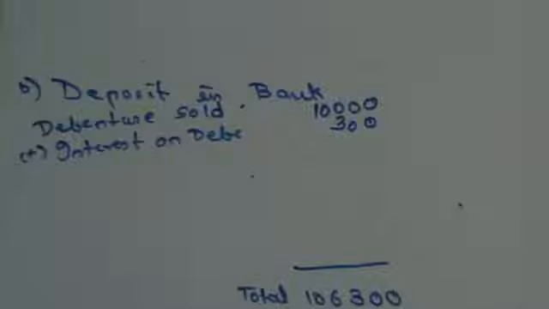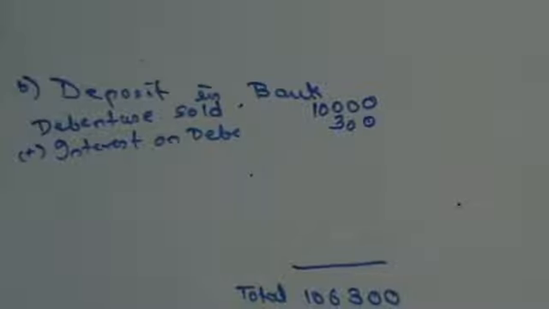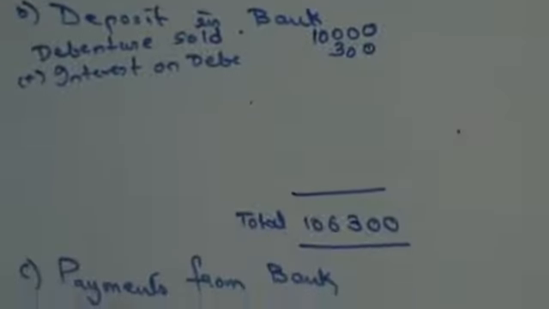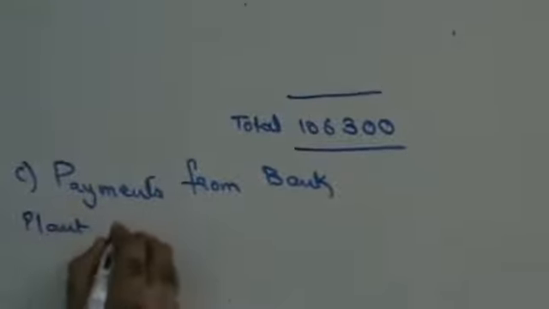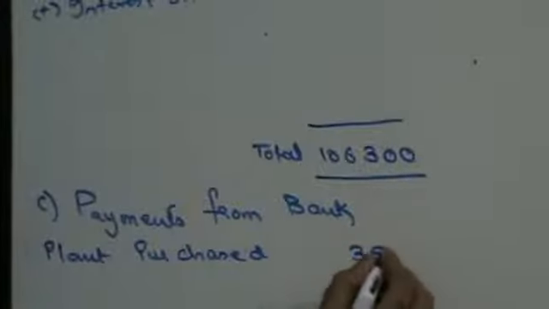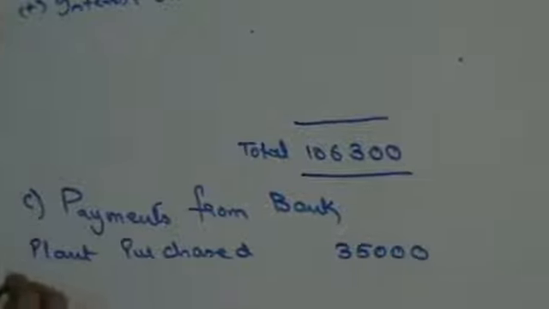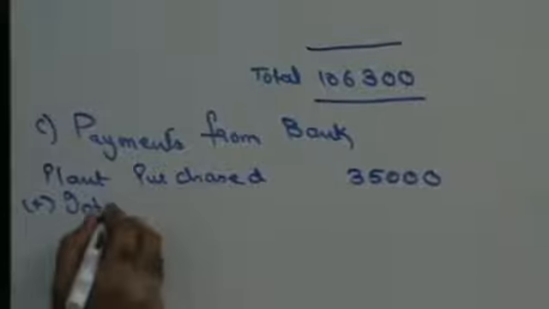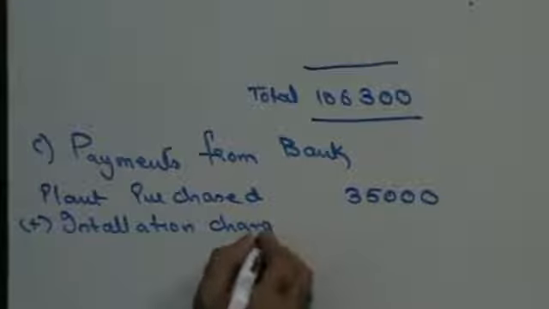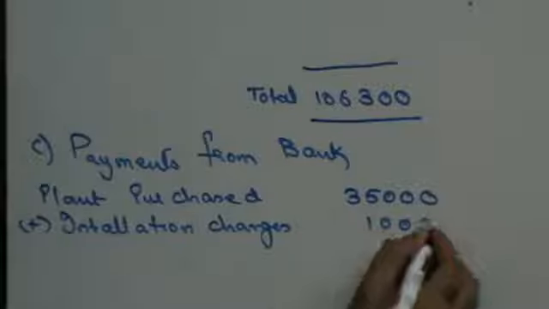Okay. Next, he purchased a plant for 35,000 and paid installation charges 1,000. So these are payments. Plant purchased for 35,000 and he paid installation charges 1,000.